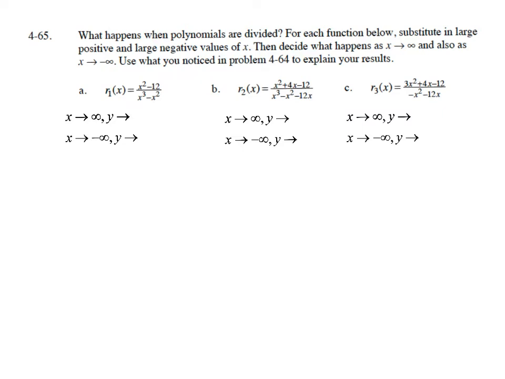And then the same would be true as x goes to negative infinity. My denominator is going to become larger in a negative sense relative to the numerator. So r sub 1 of x is again going to go to 0. So you really only need to analyze the most influential term.